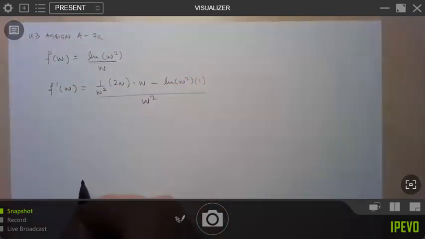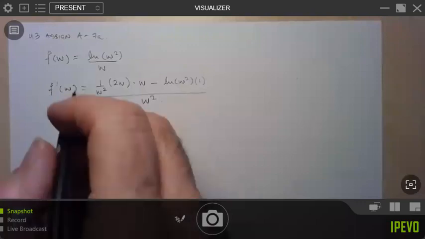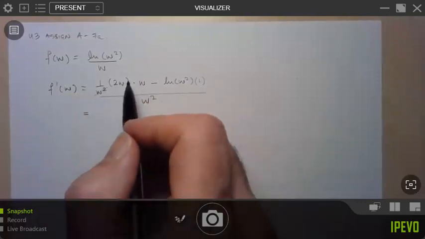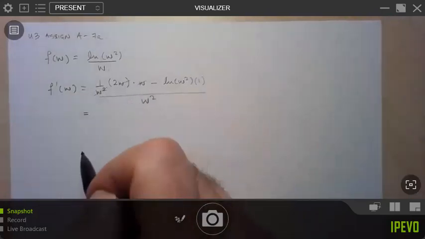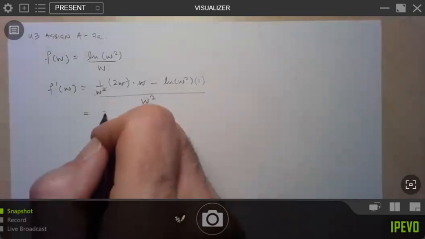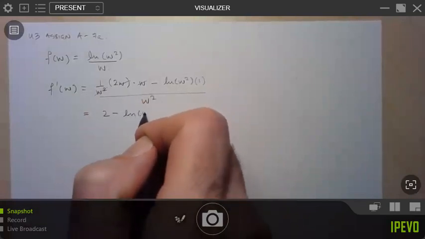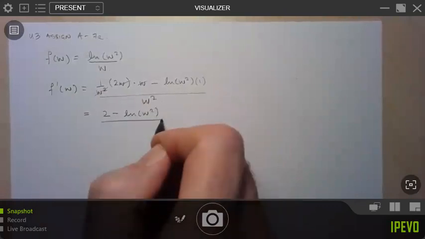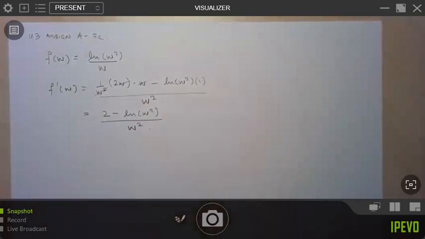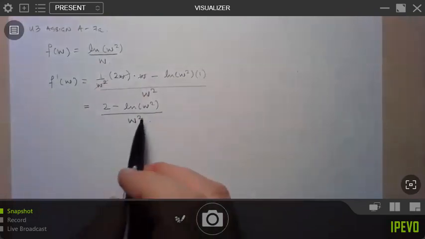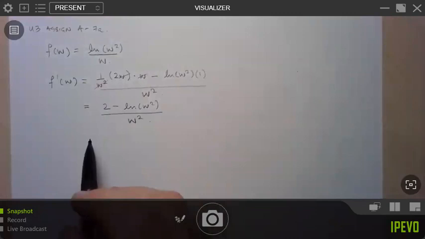A lot of nice things are happening here, because this w squared reduces with the 2 w's in the numerator since they're being multiplied. So I'm just left with 2 minus ln w squared, all over w squared. Take a quick look, make sure I didn't make any silly mistakes. In the end, that turned out to be not so bad.